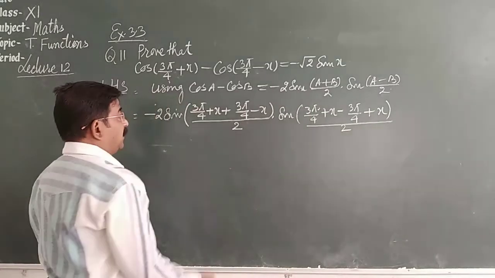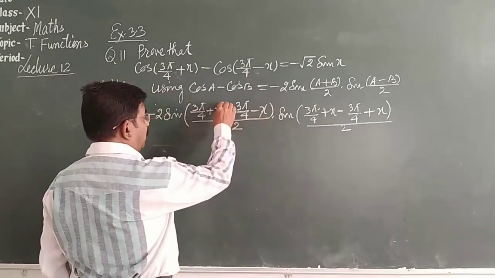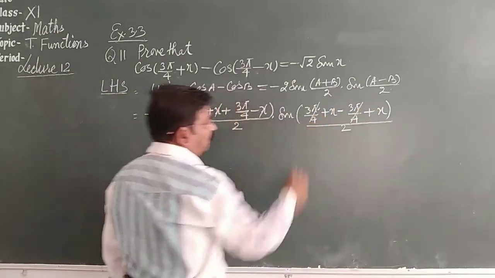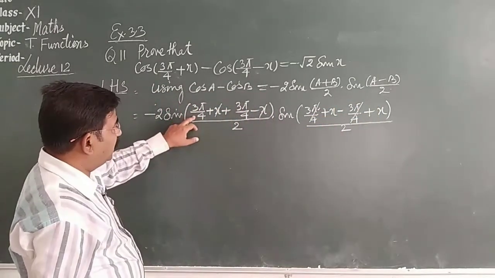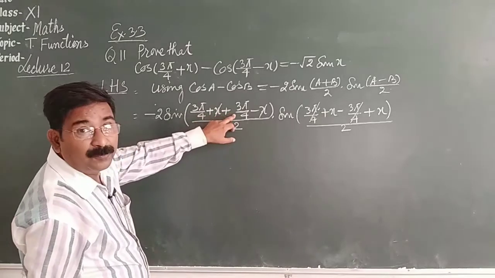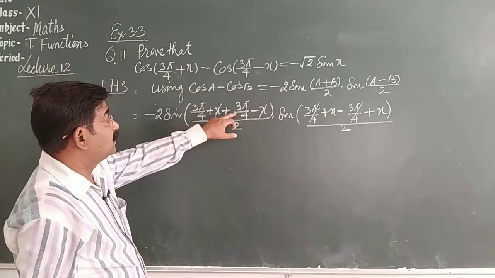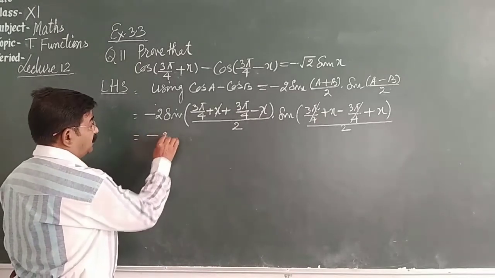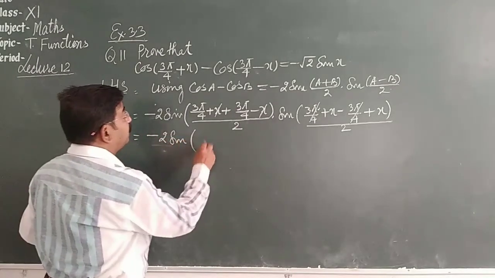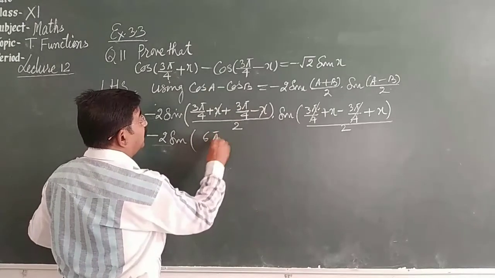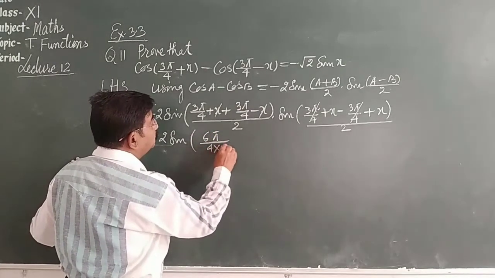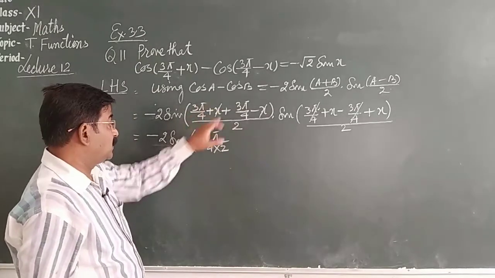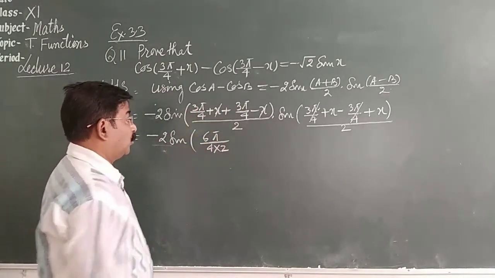Got it? See here, minus x and plus x will go. This side minus 3 pi by 4 plus 3 pi by 4 will go. Add this 3 pi by 4 is 2 times. This is 6 pi by 4. See, minus 2 sin 6 pi by 4 into 2. 2 is already here, and this is 6 pi by 4.